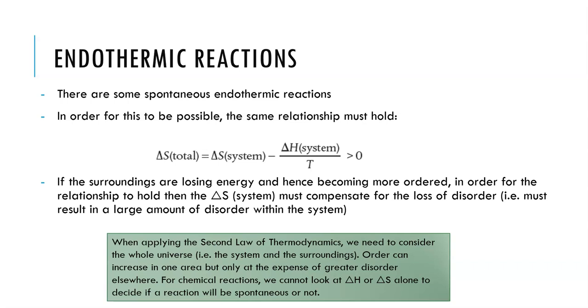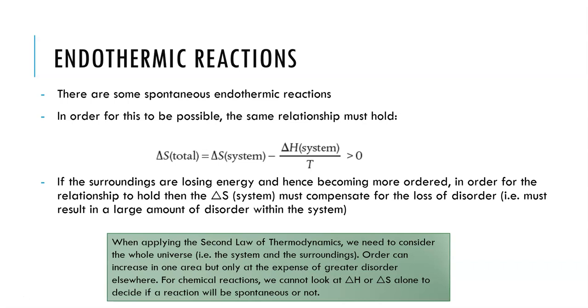And we see that because a lot of the spontaneous endothermic processes that we see go from a low disorder to a high disorder, from a solid to a gas, or from a solid to a dissolved salt. So when we apply the second law of thermodynamics, we need to consider the whole universe, the system and the surroundings. Order can increase in one area, but at the expense of greater disorder elsewhere.